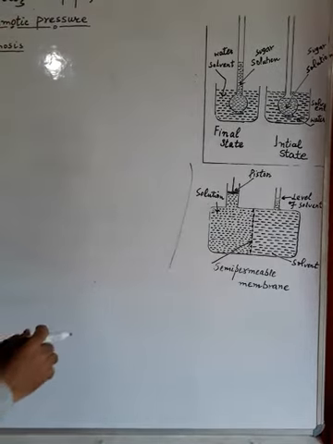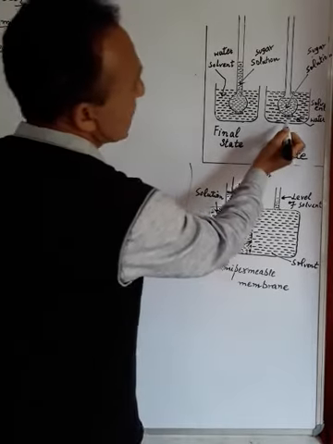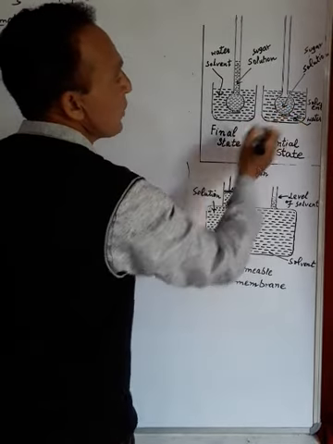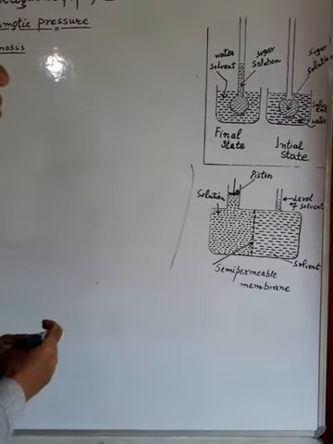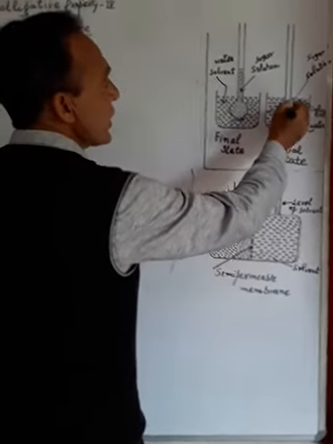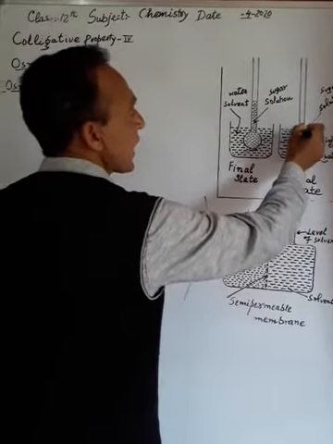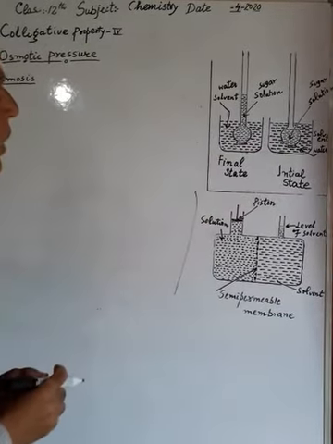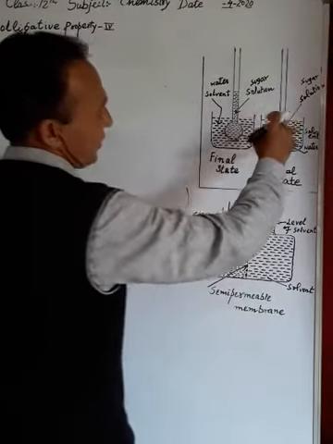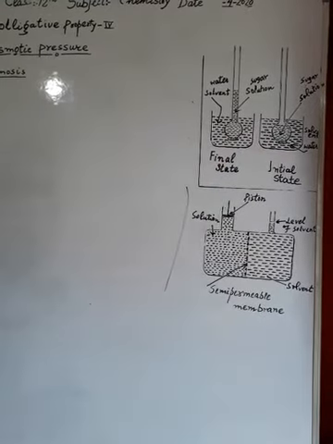Now what happens? Due to osmosis, the water molecules enter into the solution through the semi-permeable membrane. As a result, the level of the solution in the thistle funnel rises. Now, the additional hydrostatic pressure. What do you mean by additional hydrostatic pressure?